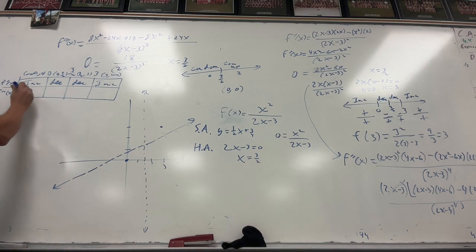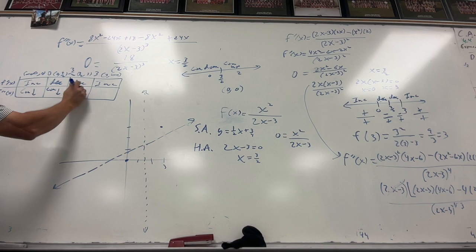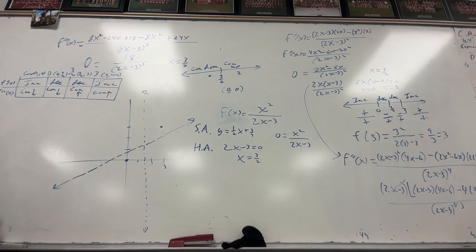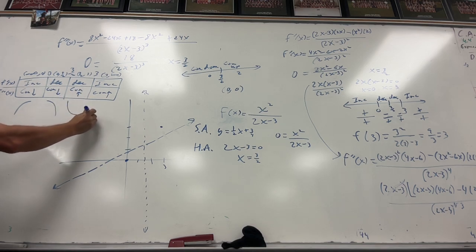It's concave down up to 3 halves, and it's concave up after. And from there, increasing and concave down, looks like that. Decreasing and concave down, looks like that. Decreasing and concave up. Increasing and concave up.